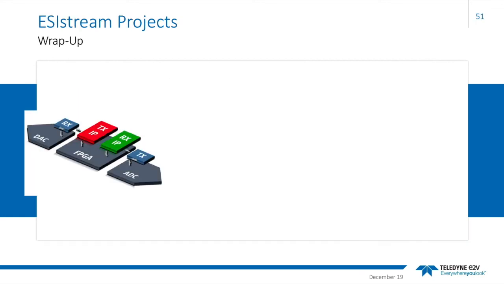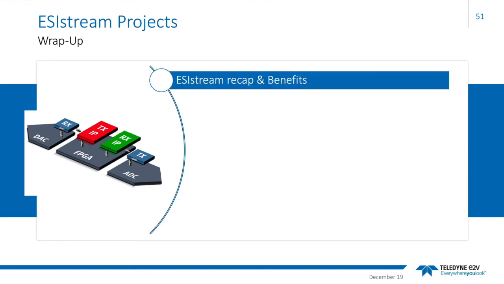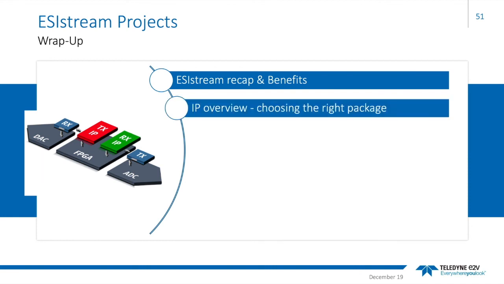Well, we've reached the end now, and I'd like to quickly review today's discussion topics. I started by recapping the key features and benefits of ESIstream. We took some time to consider how to choose the correct IP package for your specific application, and learned that the selection was based on a trade-off between link latency and frame clock frequency.